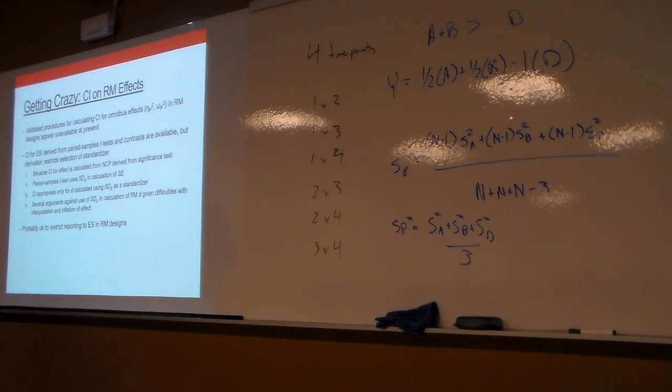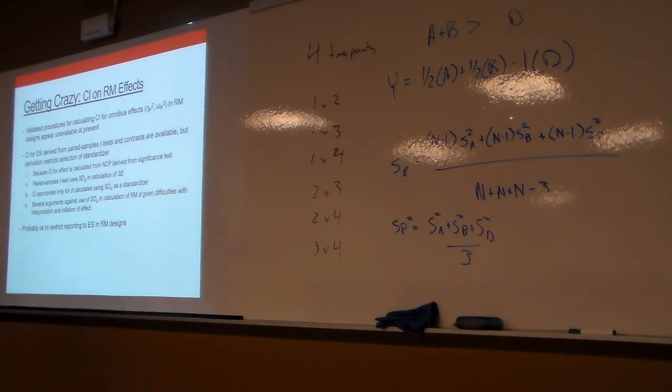Remember that we have talked about some problems with using the standard deviation of the difference score as our standardizer. One, from an interpretive standpoint, it starts to get kind of circular, right?